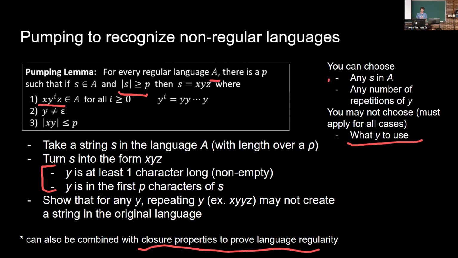So you're saying that depending on the Y, say it's all zeros, if you have a Y that's odd length, pumping it once will break things. If you pump it twice, that will fix things, correct?